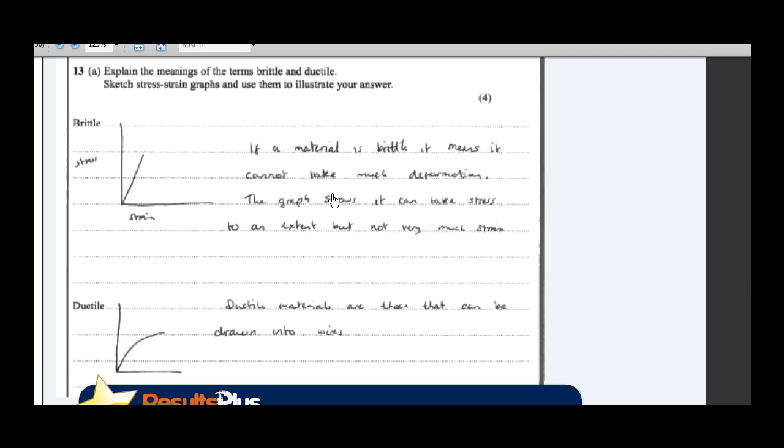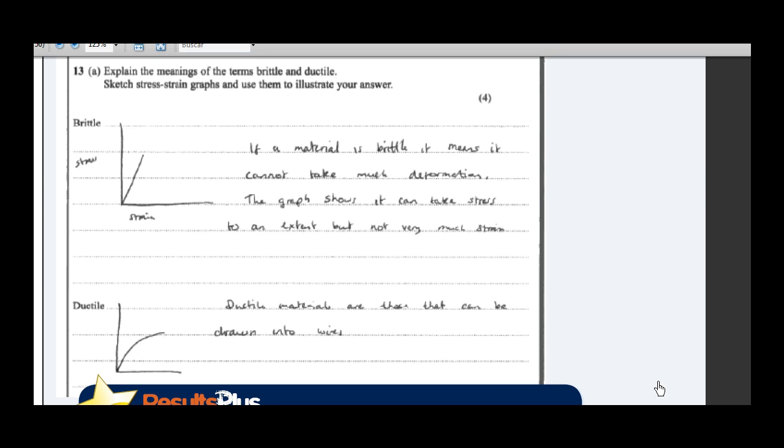So, okay, that's true. It's a bit vague. You see, it doesn't say plastic, it just says deformation. The graph shows it can take stress to an extent, but not very much strain. Okay, that seems more or less fine, but it does give you the impression of a little bit of vagueness in terms of the key words. And then the second one says ductile materials are those that can be drawn into wires. A bit brief, and then the diagram.